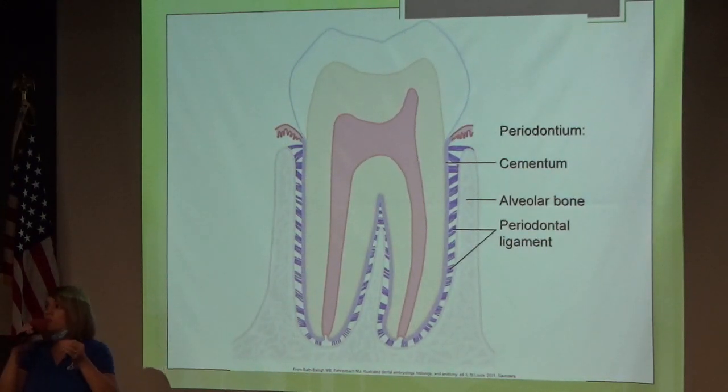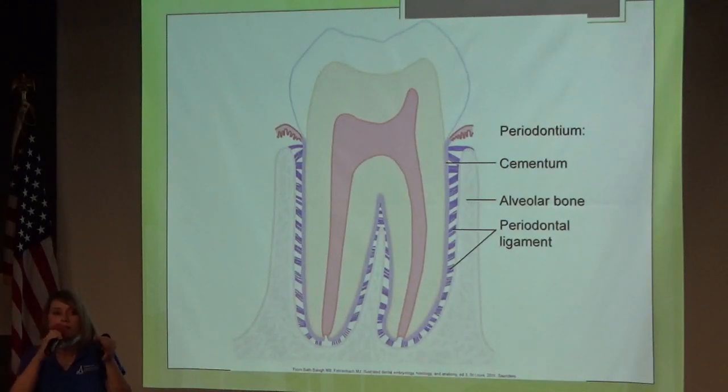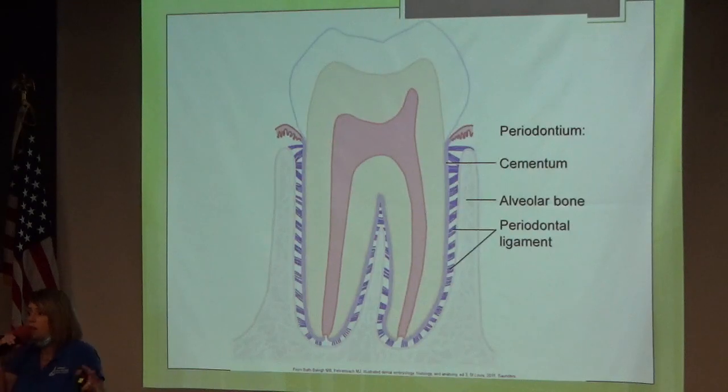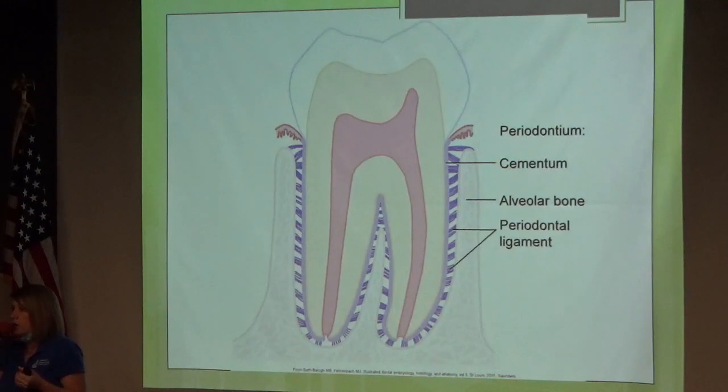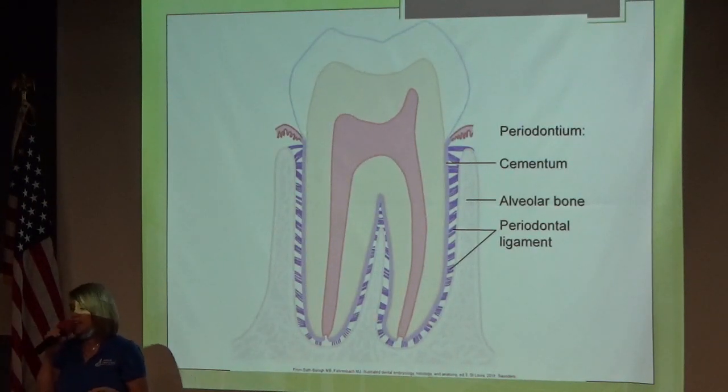Well, what they've done with all those brackets and wires and all the colored little bands is they're taking those teeth and they're twisting and turning, and when we're doing that, we're taking those periodontal ligaments or fibers and we're tearing them. So guess what they have? They also have nerve sensation. So we've made the area in our mouth very sore. And then as they recover and repair, as the tooth moves slowly, then the soreness subsides. And then it's time to go back and visit the orthodontist again, right? And it starts all over again until you get to the final stage.